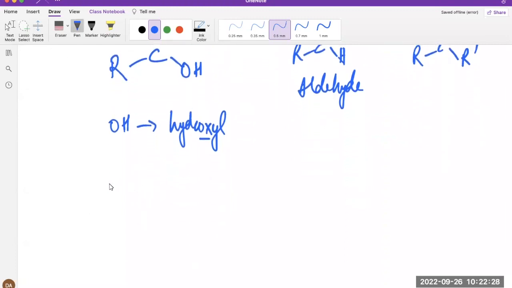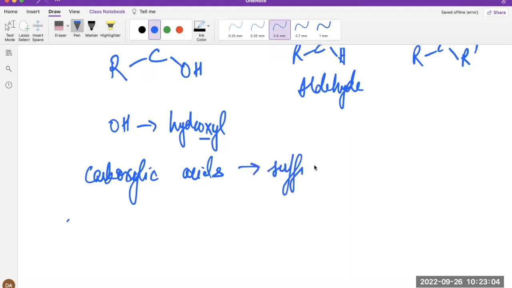Okay, now with that being said, if you look at some more examples, we'll learn how to name these molecules basically. Now, why they're called acids, we'll be covering that in a later video. But let's now begin with the naming, okay? So remember for naming the carboxylic acids, they use the suffix oic acid.